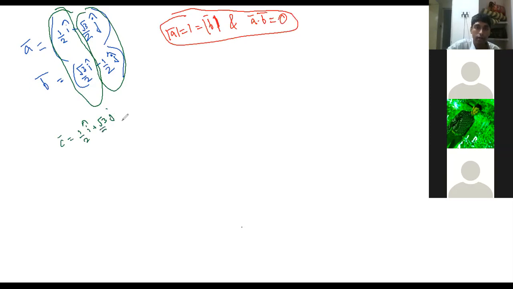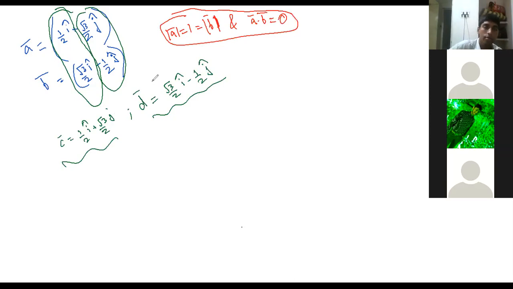You have to change the vector here. And you take one more, D, which is root 3 by 2 i minus 1 by 2 j. I think you got the same thing, no? You got the same thing, isn't it?